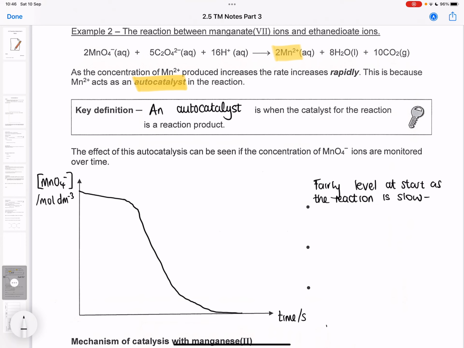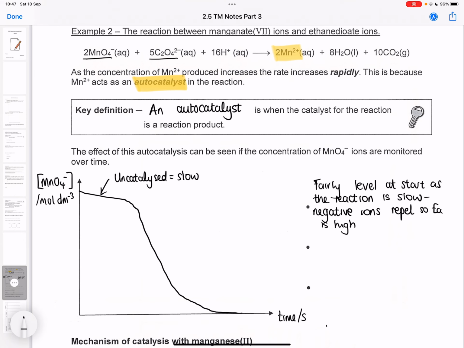It's slow at the start because the two species reacting are both negative ions, and the negative reacting ions repel one another, and that means that the activation energy is going to be high. So this beginning part of the curve is uncatalyzed. We've just got these negative ions and it's very slow.